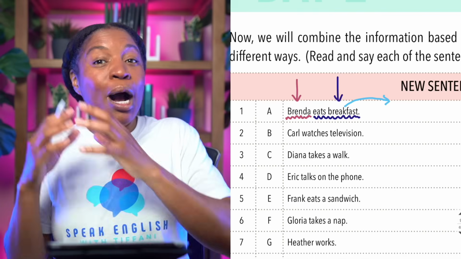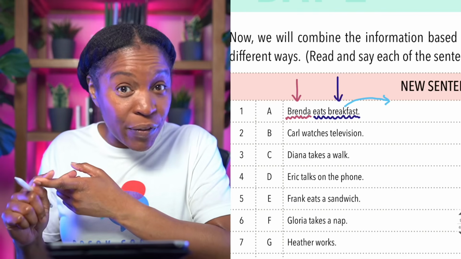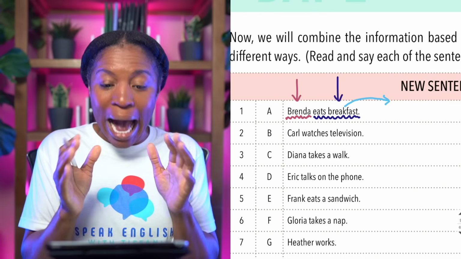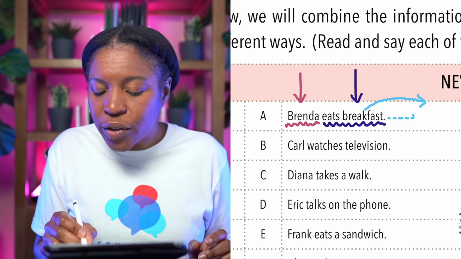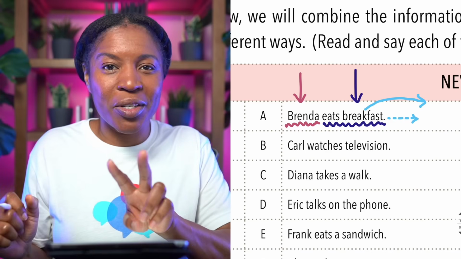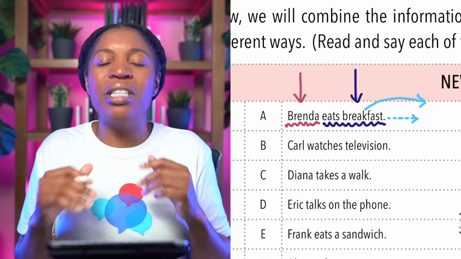Brenda is eating a bowl of granola with slices or slivers of almond, coconut flakes, and pumpkin seeds. You see how this shorter sentence all of a sudden started to expand, and we only have the who and the what in the sentence. You saw it, right? This is what happens when you use this simple method.